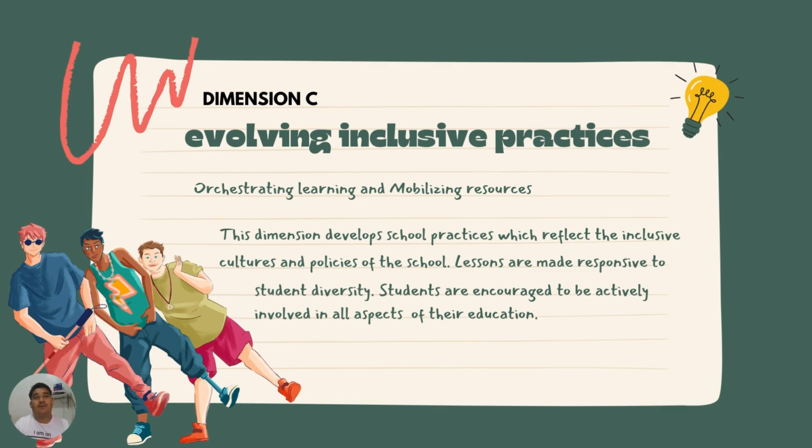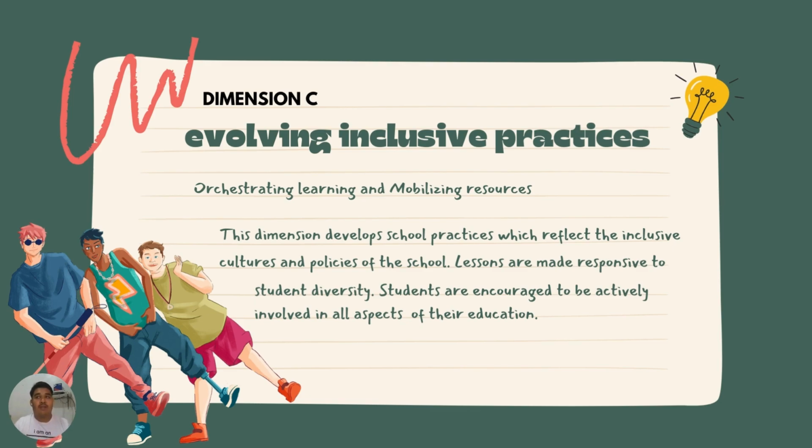We have to understand our students because we came from different backgrounds. We came from different families. So one way of letting our children feel comfortable in school is that we should empathize with them.